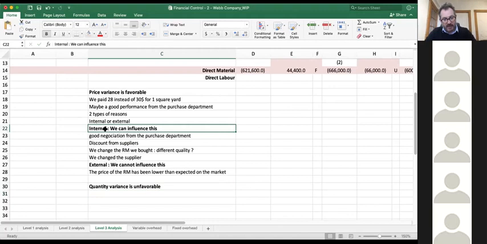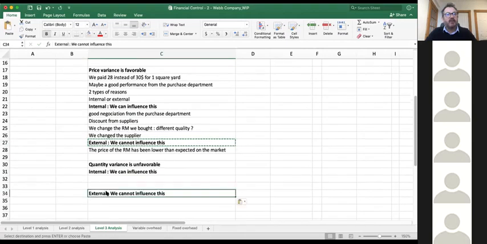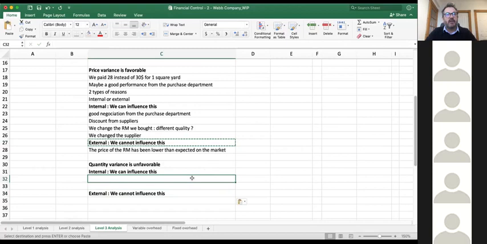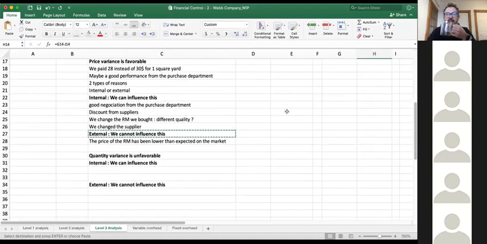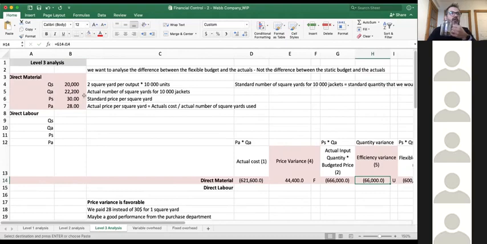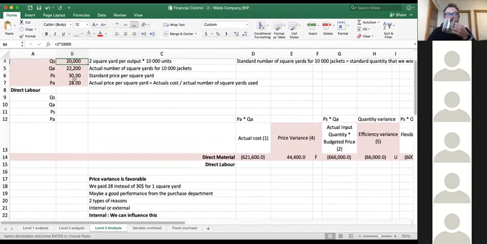We can find some internal reasons and some external reasons, and we can also think about which department. So do you have any potential explanation for the quantity variance, which is unfavorable by 66,000? So we used 22 instead of 20.